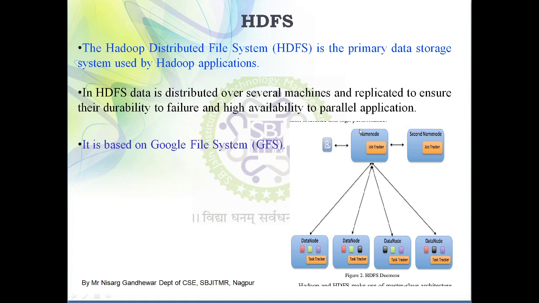What do we mean by name node, and what is its role? In the Hadoop distributed file system, we have a master-slave concept. At the master machine we have the name node, and at the slave machine we have the data node. Suppose this is my master node, where I have the name node.